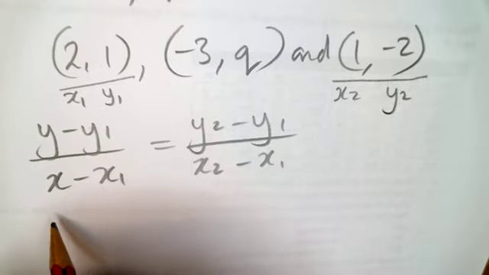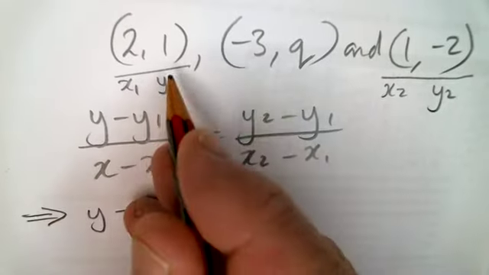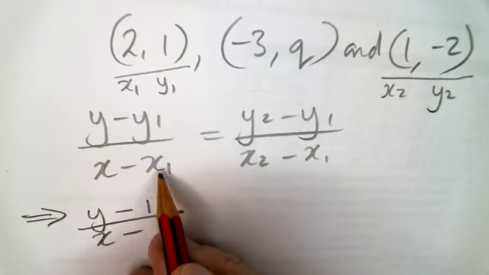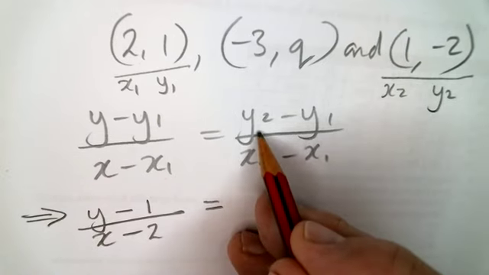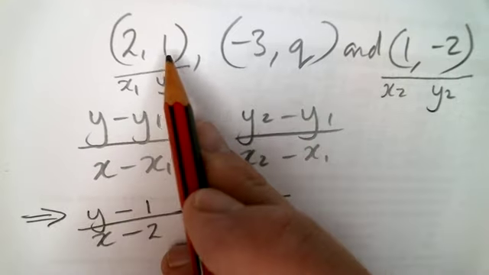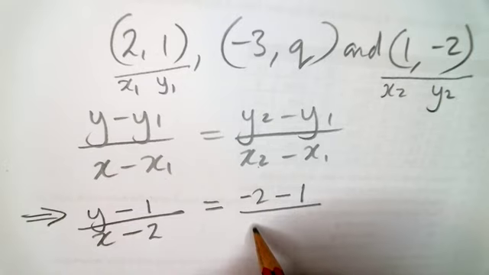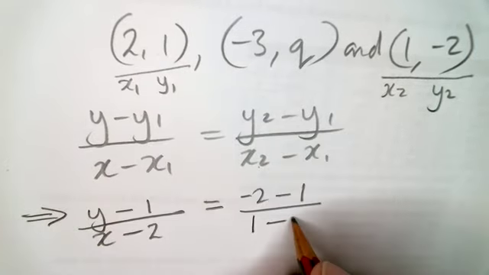So y minus y1, and y1 is 1, over x minus x1, and x1 is 2, is equal to y2, which is -2, minus y1, well y1 is 1, all over x2, which is 1, minus x1, which is 2.